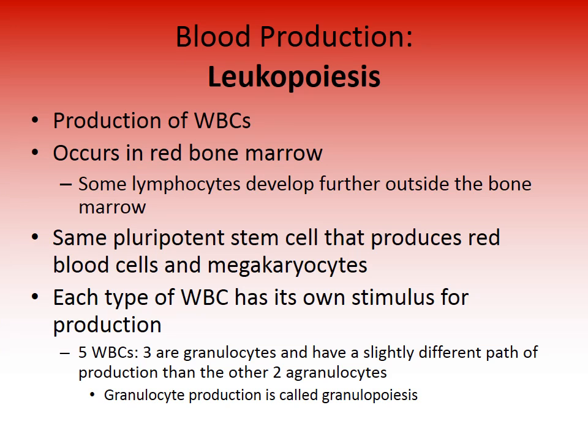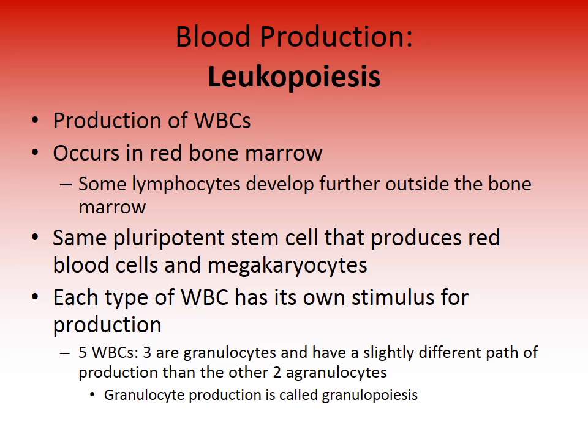So that's erythropoiesis. We talked about thrombopoiesis. This is the last type of hematopoiesis, and it's leukopoiesis, specifically the production of white blood cells. This also occurs in the red bone marrow. Some lymphocytes develop further outside of the bone marrow, so they'll be made by the bone marrow, but then will develop outside the bone marrow further. It comes from the same pluripotent stem cell that produces red blood cells and megakaryocytes.